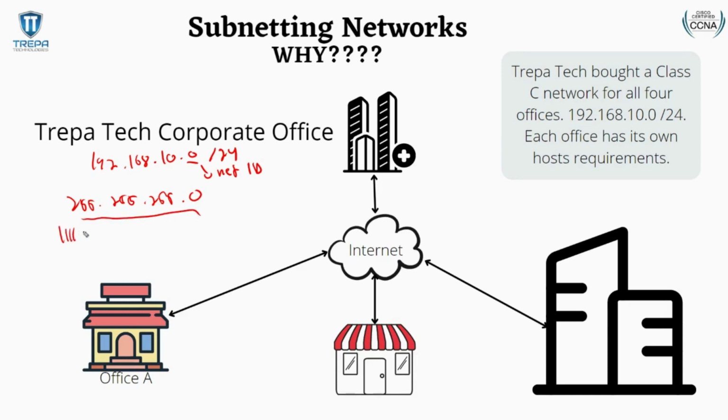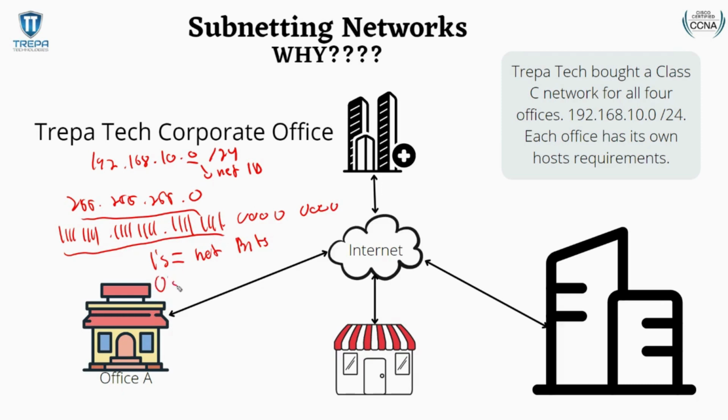If we convert that to binary, this is what it's going to look like. 24 network bits, right? Ones are the network bits that determine the network portion of our IP addresses of our network, and zeros are the host bits.